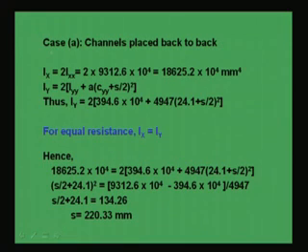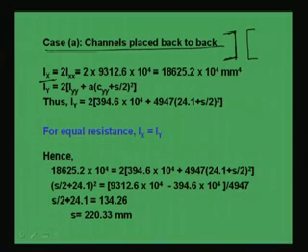So, first let us consider case A. Case A means the channels are placed back to back. First we will consider the equivalent Ix for the built up section, that is, the moment of inertia about the x axis of the built up section.